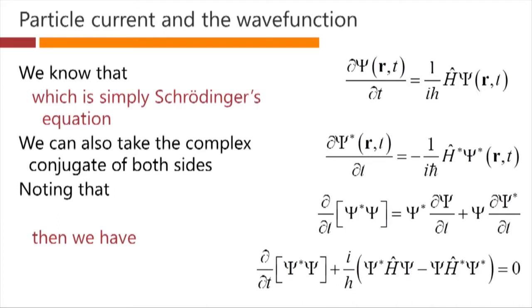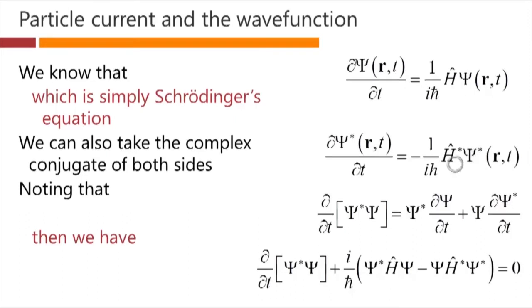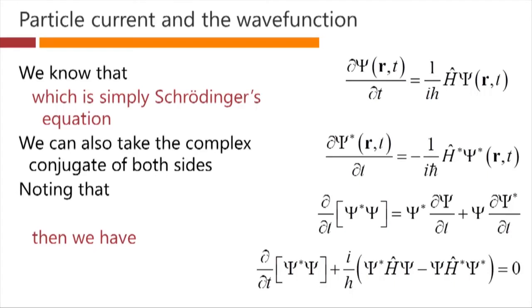Then, using these relations here to substitute for the d psi by dt, we use this one, and for the d psi star by dt, we use this one here, then we can say that the sum of this plus all of this is equal to 0. All we're doing here is rewriting this equation using these substitutions, and then we've taken everything over to the left-hand side. So far, just a little piece of algebra here.